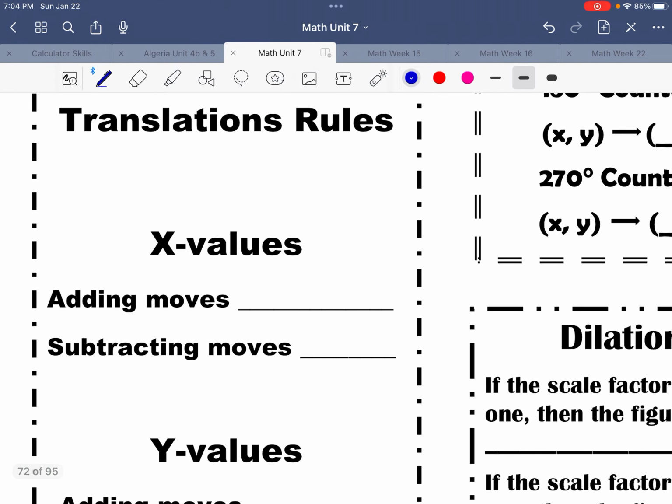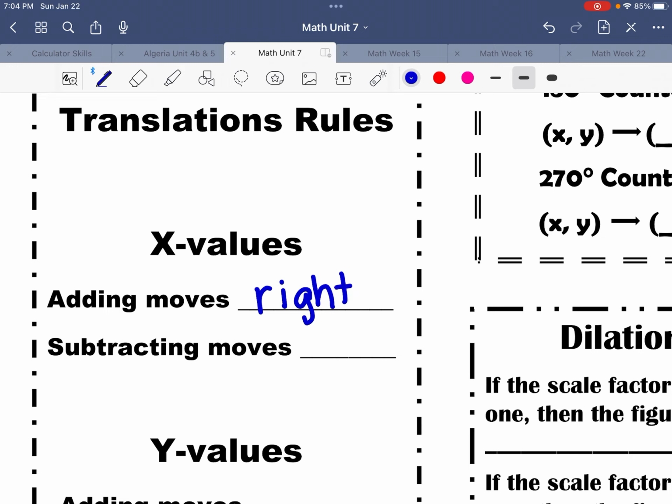Translation rules. Translations typically are where we slide a figure around on the coordinate plane, but doesn't change direction or anything. It just slides left, right, or up and down. So if the x values change, an addition would be moving it to the right. So if you add to the x value, that moves it right.